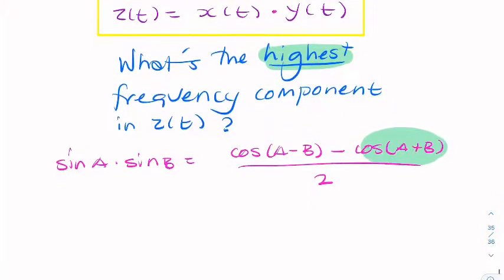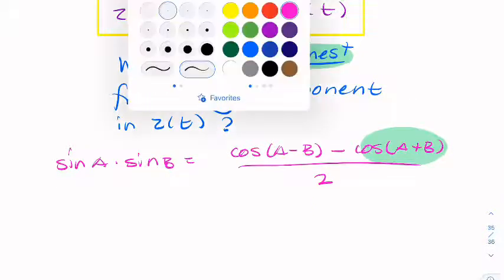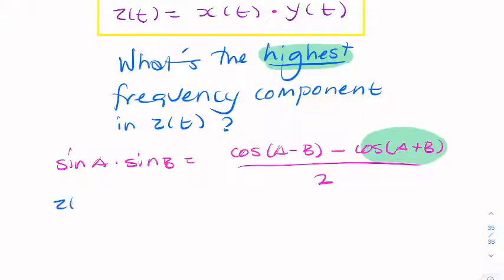So what we have is z of t equals 3 times 5 is 15, sine 2 pi t times sine 6 pi t.